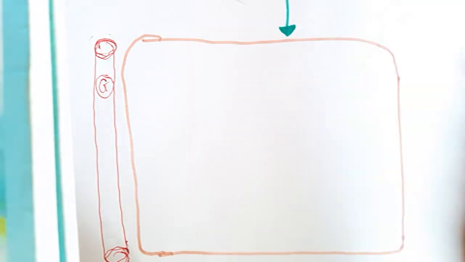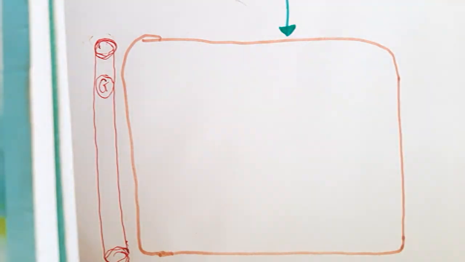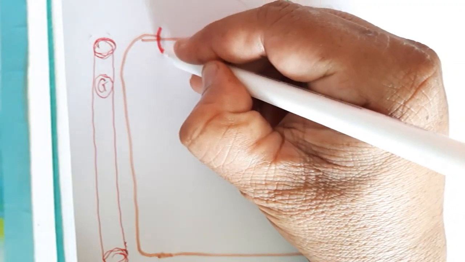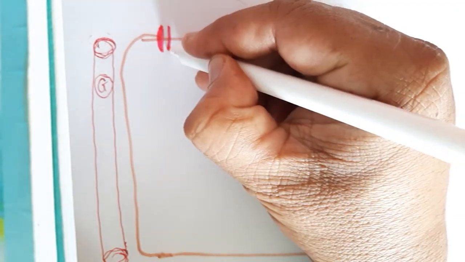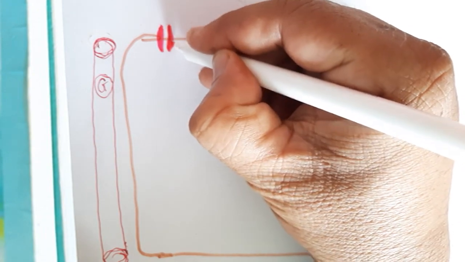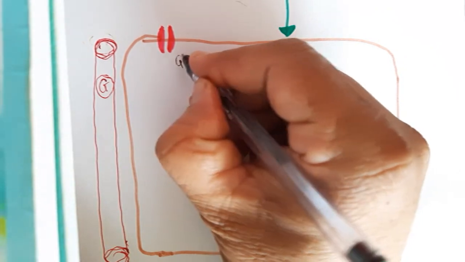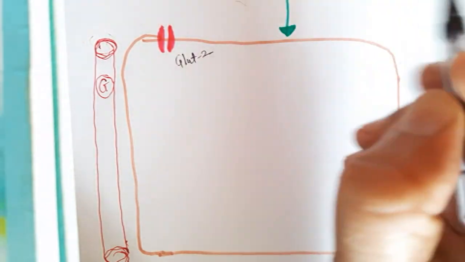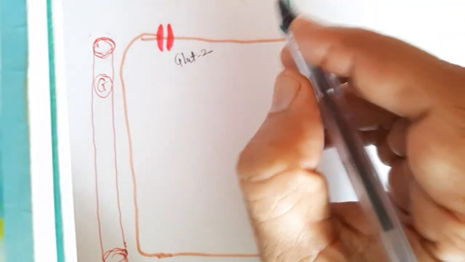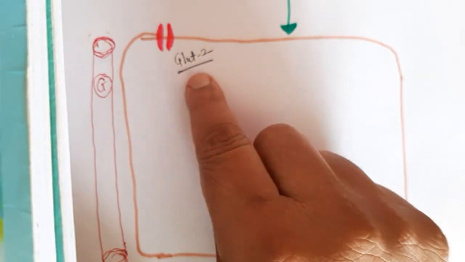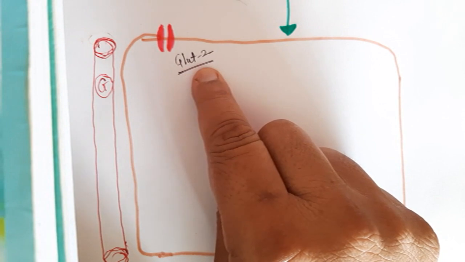On the membrane of the beta cells of pancreas, there are special receptors called GLUT2, or these are transporters. GLUT2 stands for glucose transporter type 2.